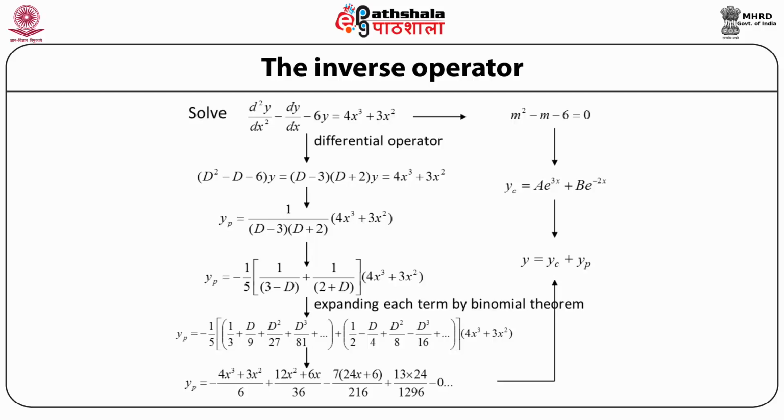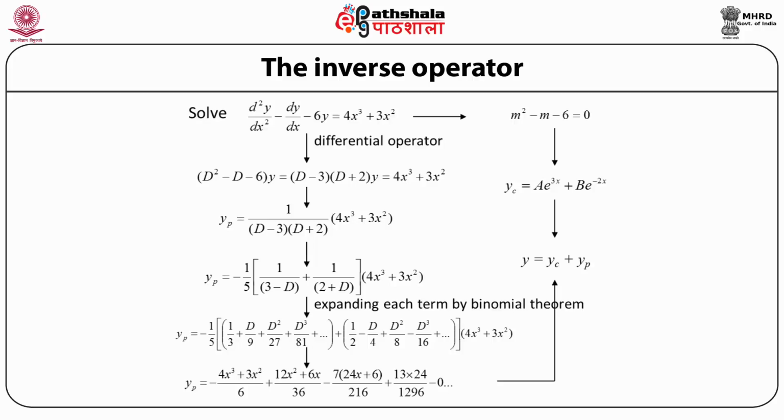For the particular integral, we have to write d squared y by dx squared as capital D squared. Once you write that form, you will end up having yp is equal to 1 over (D minus 3)(D plus 2), totally multiplied to 4x cubed plus 3x squared.